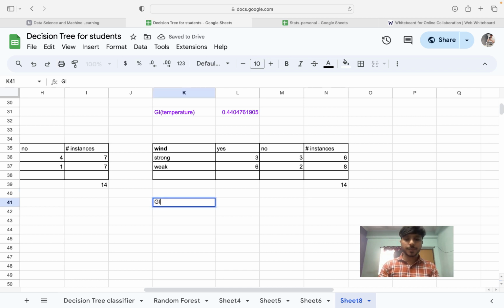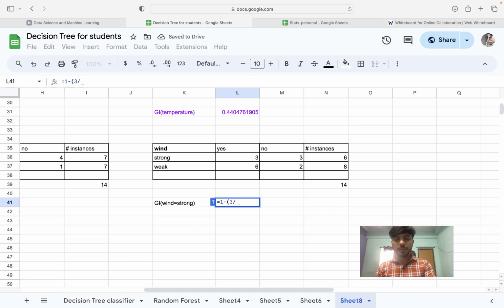So Gini impurity of wind when it is strong. Okay, so how do you calculate? 1 minus the probability of yes instances out of all the instances whole square minus the probability of no instances out of all the instances of strong wind whole square.